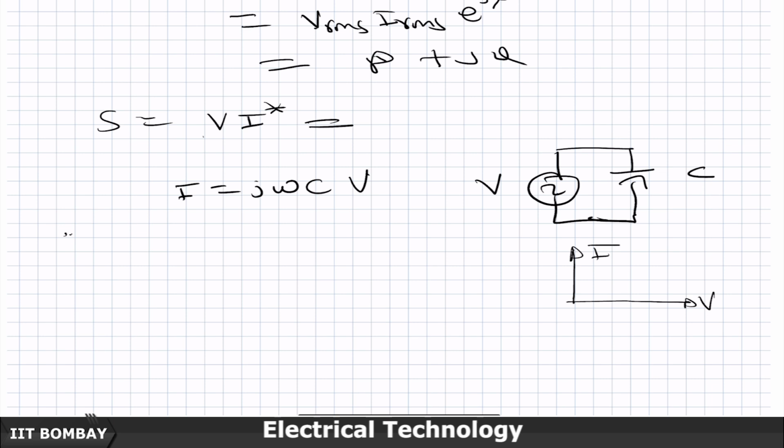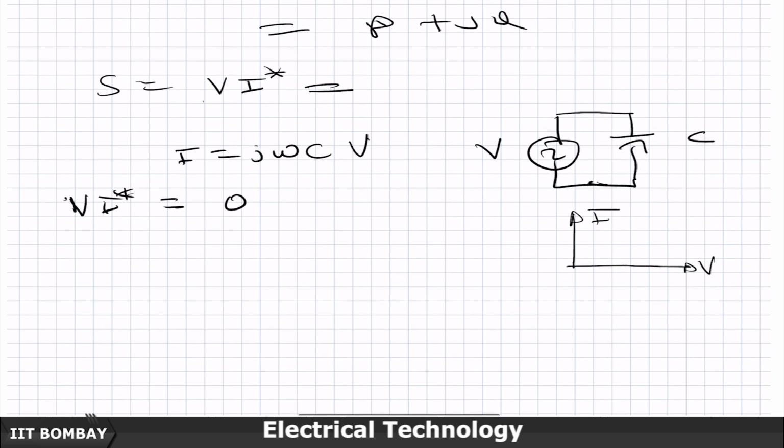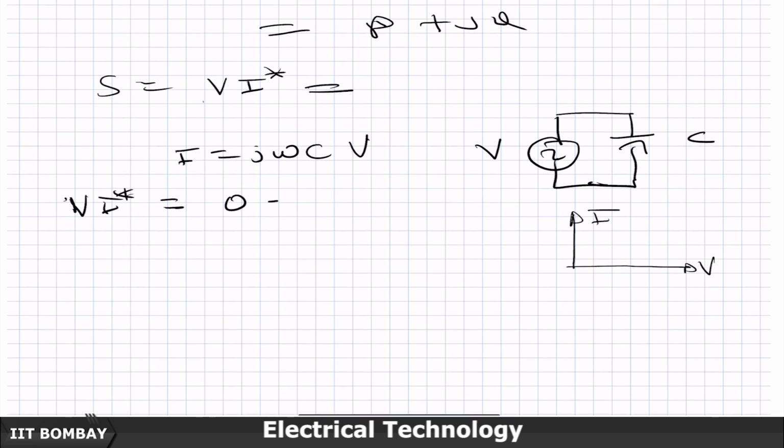When I do V I star, I will get 0 minus j omega C V square, because I star is minus j omega C V. V I star will be simply minus j omega C mod of V square.